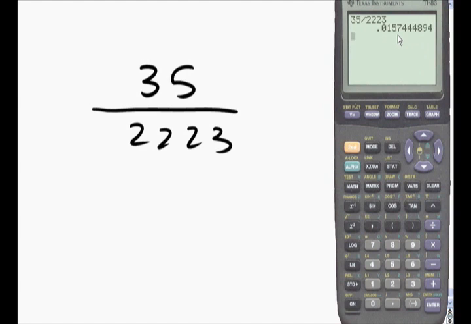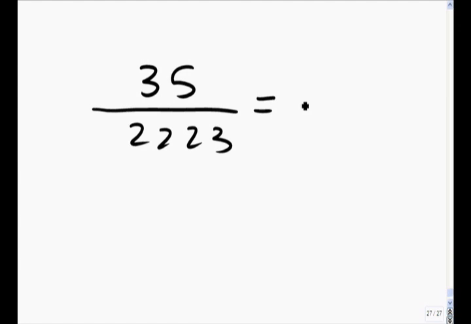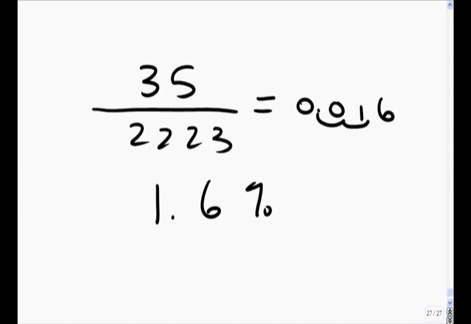Looking at the 7 to the right means to add 1 to the 5 for an answer of 0.016. Multiplying this number by 100 simply means the decimal moves 2 spaces to the right. 1.6% of the passengers were boys who also died.